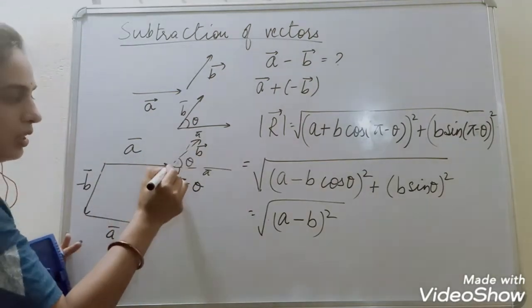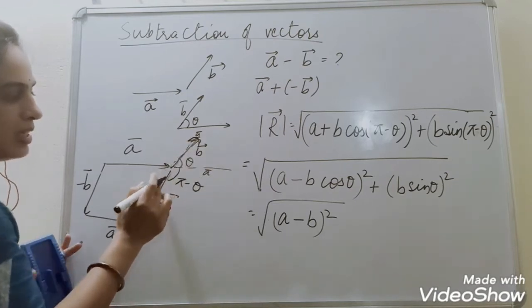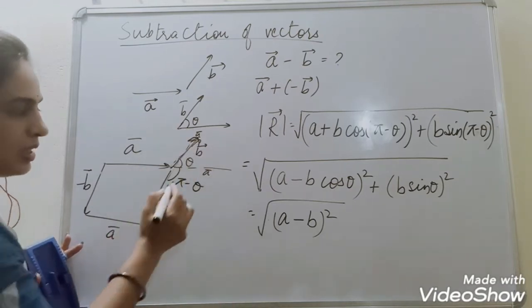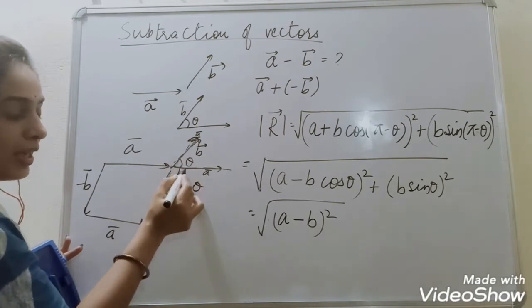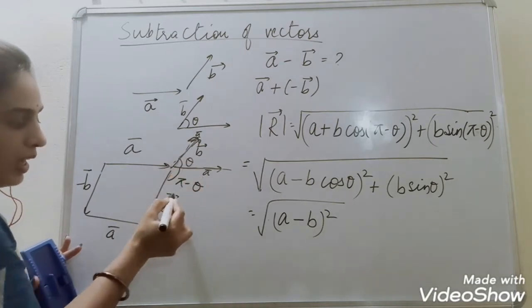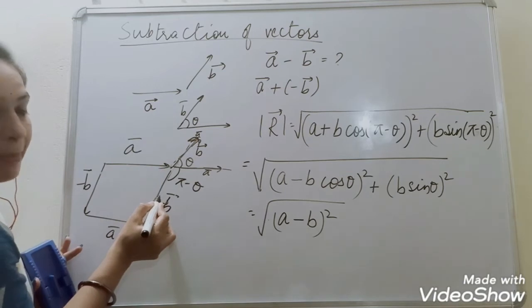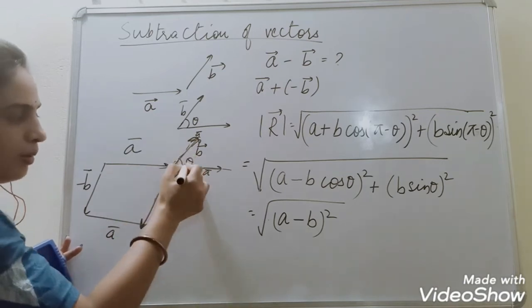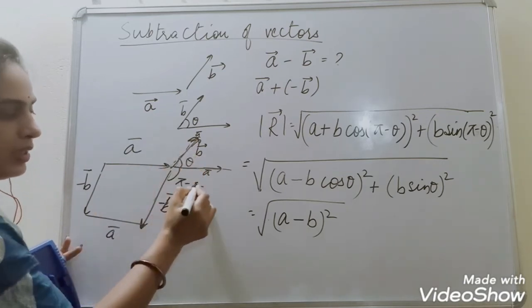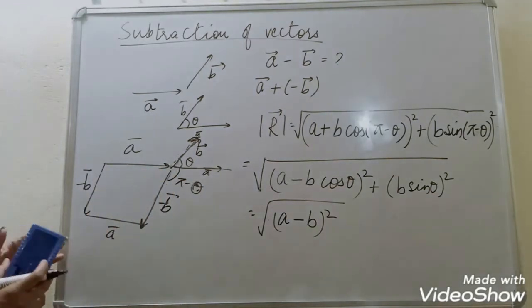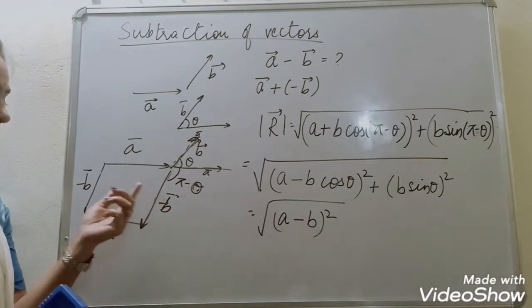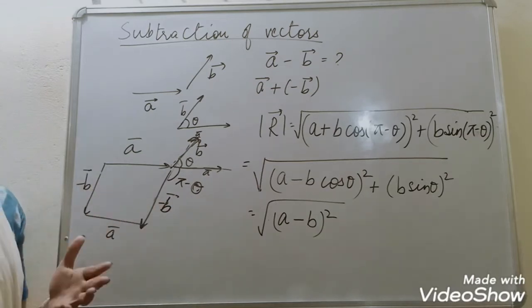Vector B is in this direction, minus B is in this direction, A is over here. Between A and B the angle is theta, so between A and minus B the angle is pi minus theta. Pi is 180, this full angle is 180, so the remaining angle is pi minus theta.